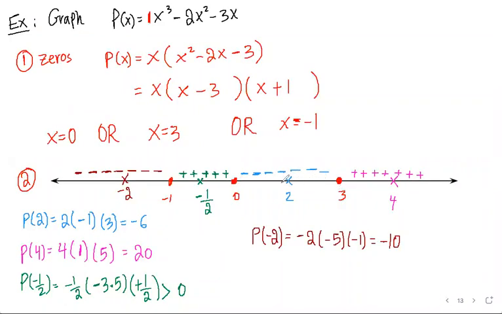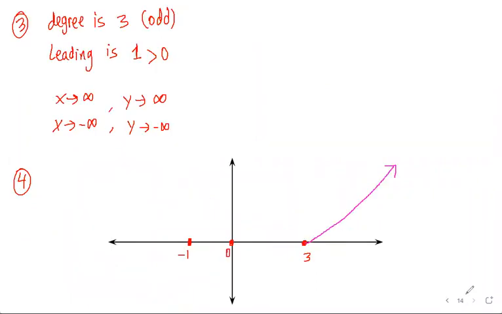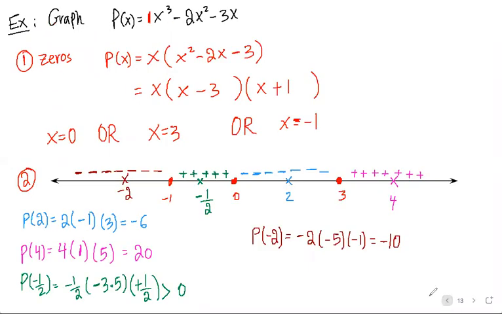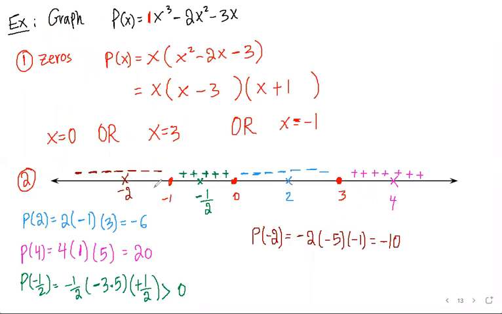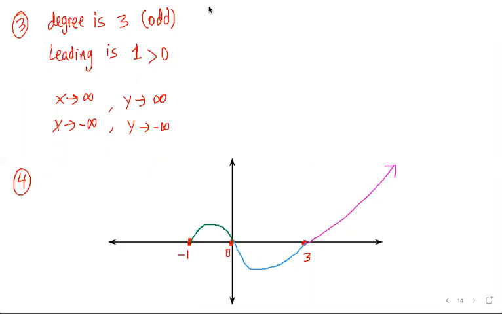Between 0 and 3 is negative, below the x-axis. Then positive from -1 to 0, above the x-axis. Then less than -1 is negative, below the x-axis. Like this. So this is the graph of the function p of x.